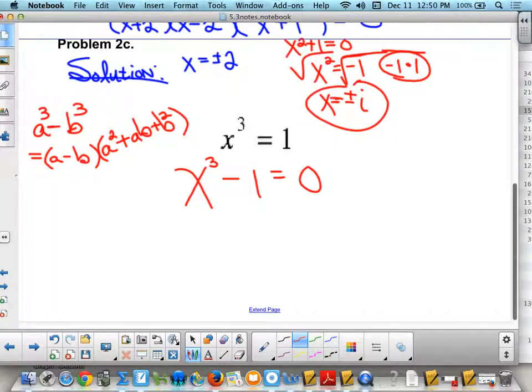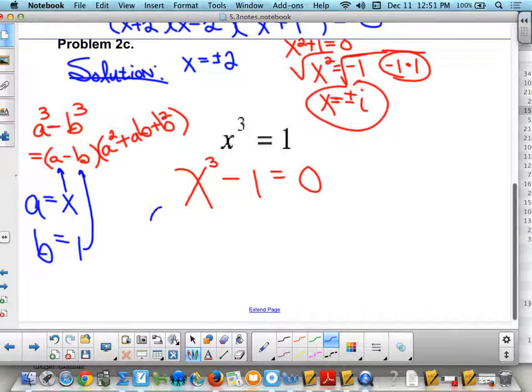So let's do this. Let's look at this and say, what is A and what is B? Now remember A and B, these are the roots. What's the cube root of that? X. What's the cube root of 1? 1. You catch what I did? Cube root of x cubed is x, cube root of 1 is 1. Now put these numbers in for what you see.